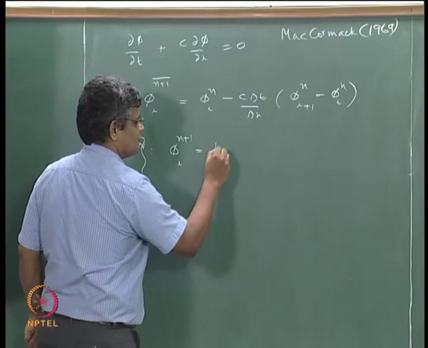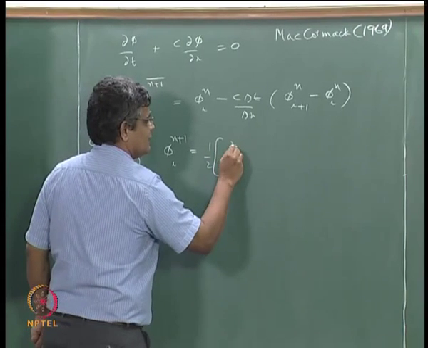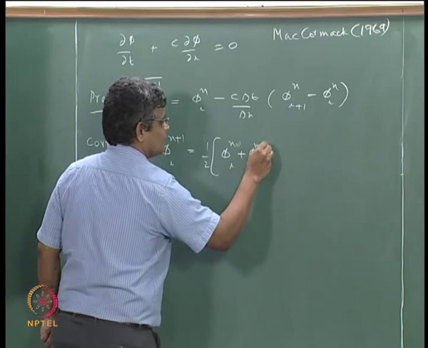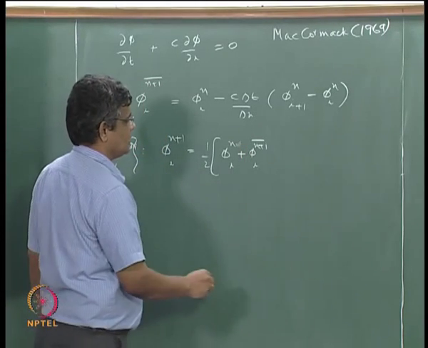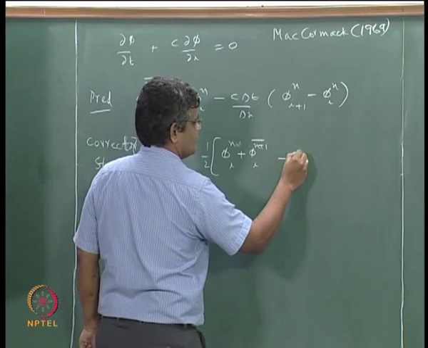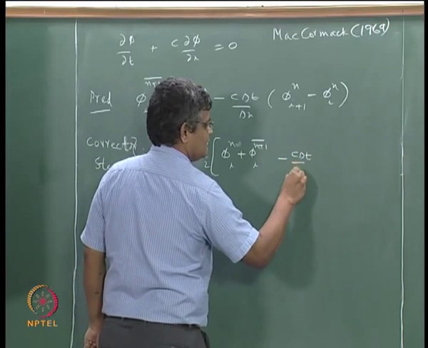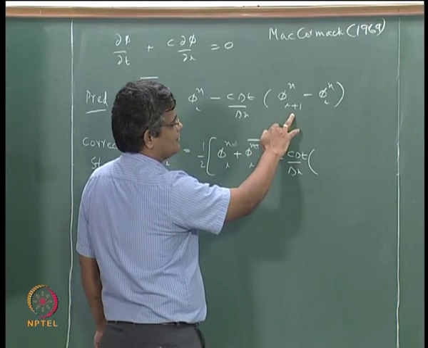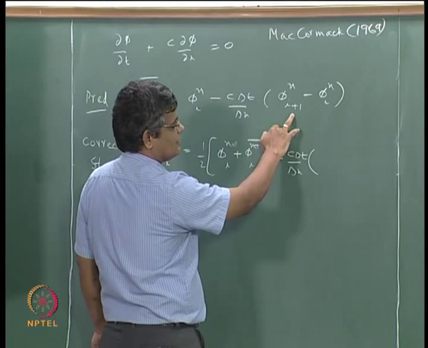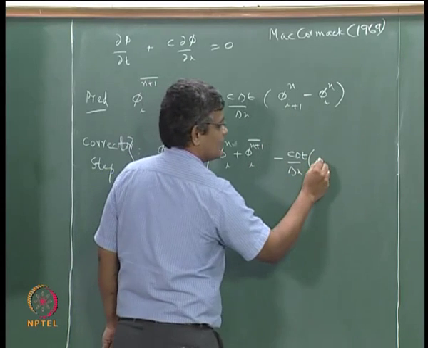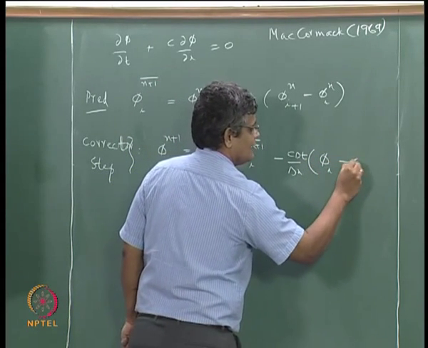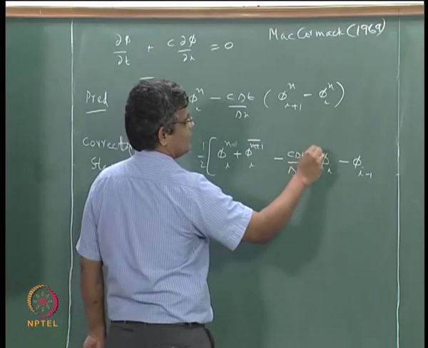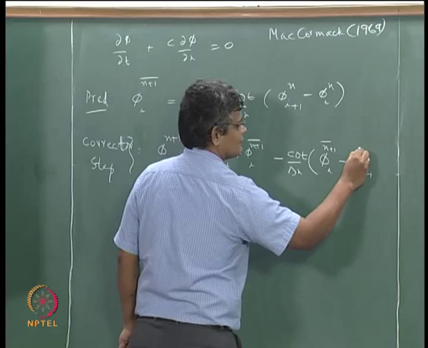So we have half of phi i n plus phi i n plus 1 bar, minus c delta t by delta x, which in the predictor step was evaluated as forward. Now we make it backward, phi i minus phi i minus 1, and this is evaluated now at n plus 1 bar.